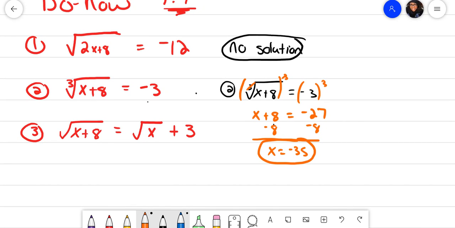So if we go through and check this, we have the cube root of negative 35 plus 8 equals negative 3. The cube root of negative 35 plus 8 is the cube root of negative 27, and the cube root of negative 27 is equal to negative 3. So this one is going to check.